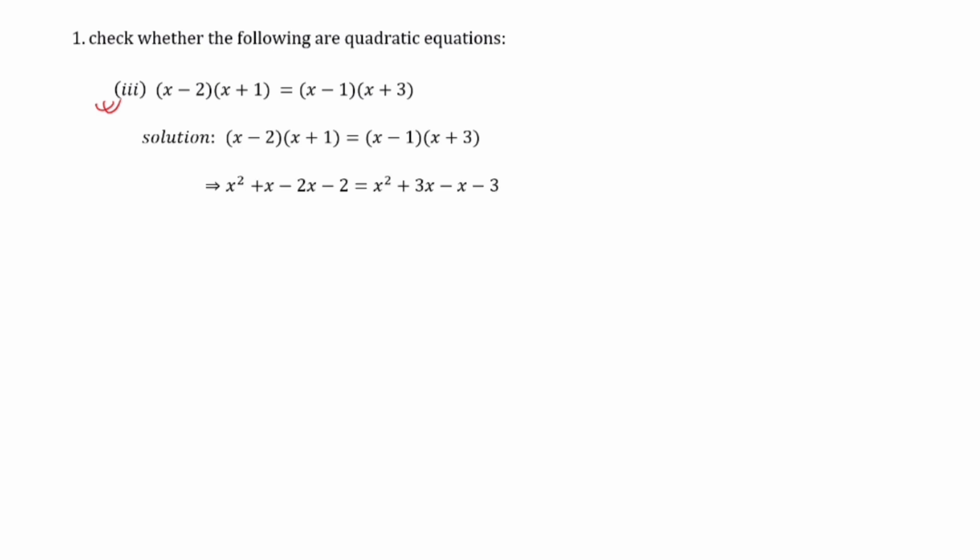So you see, this x into x will give me x squared. So there is a plus here, so plus with plus will give me plus. So x into 1 will give me x, so minus with plus, so minus.